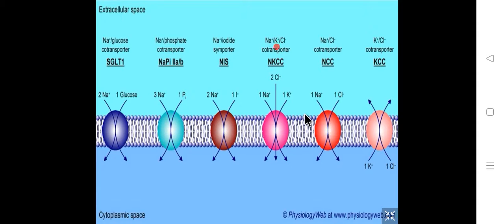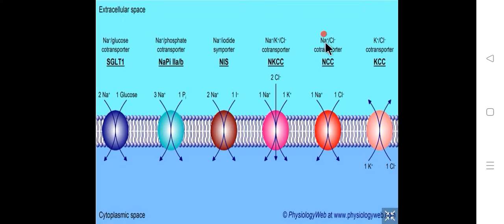Sodium potassium chloride cotransporter, abbreviated NKCC. So 1 sodium, 2 chloride, and 1 potassium. So you can see it's a 1, 2, 1 coupling stoichiometry.